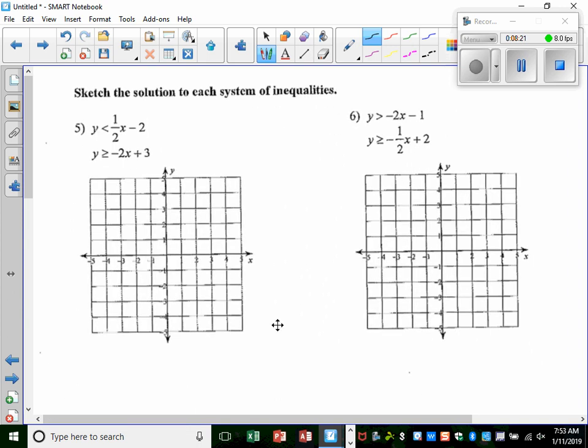And now this is where you might even decide to use a pen and a pencil or 2 different colors, because when we graph both, the solution area is only where the 2 shaded parts intersect. We're going to have to make it very apparent that this is the solution, where the 2 overlap one another.